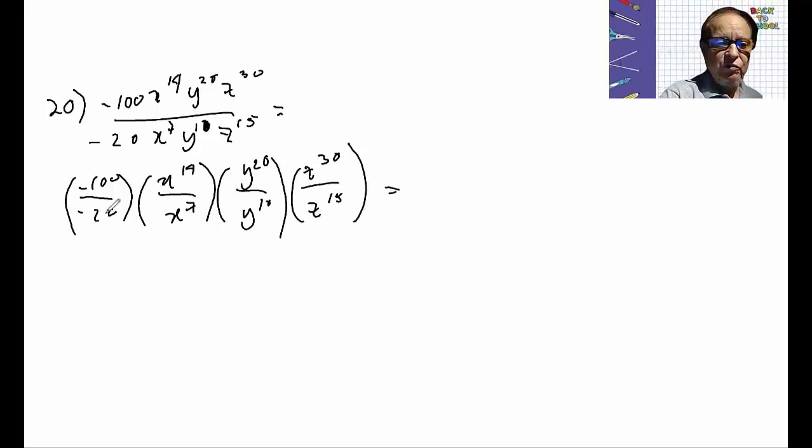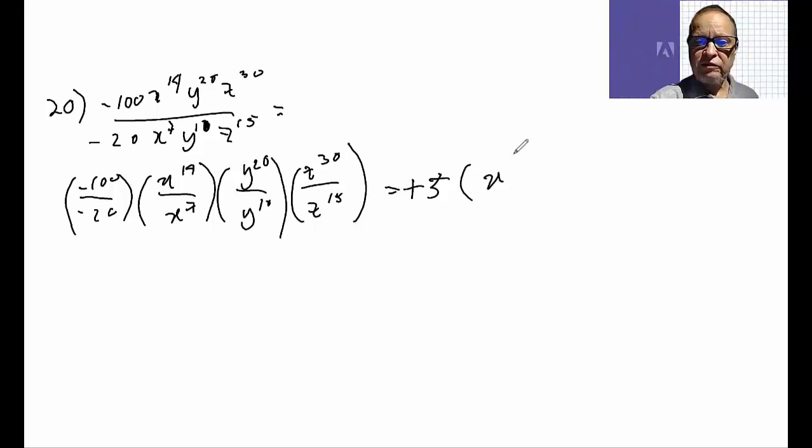Then I will do my division here. Well, a negative over a negative is a positive. And 20 goes into 100 5 times. Then I will use my quotient rule. X to the 14 minus 7.